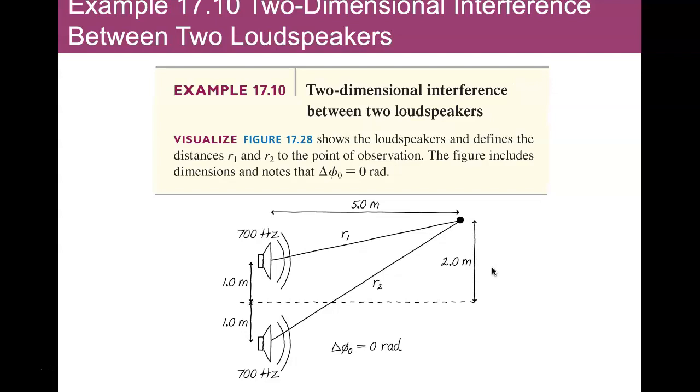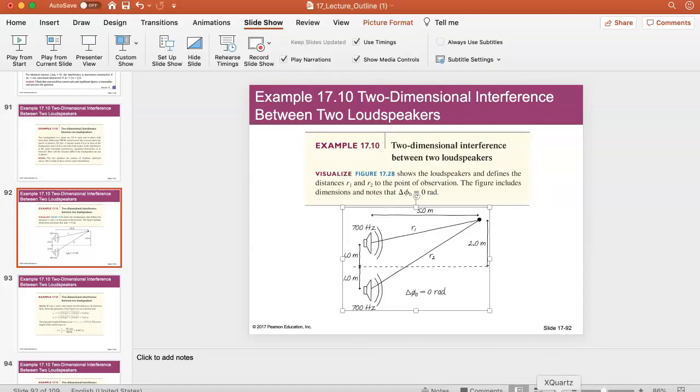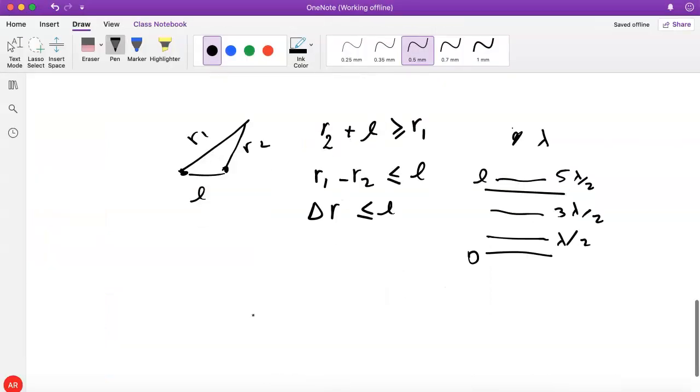And we also know that it's 2 meters away from the central line. So we know where the listener is, we know the frequencies, we know the speed, and we know that the phase constant difference is 0. Okay, so let's go back to the notes. That's example 17.10.